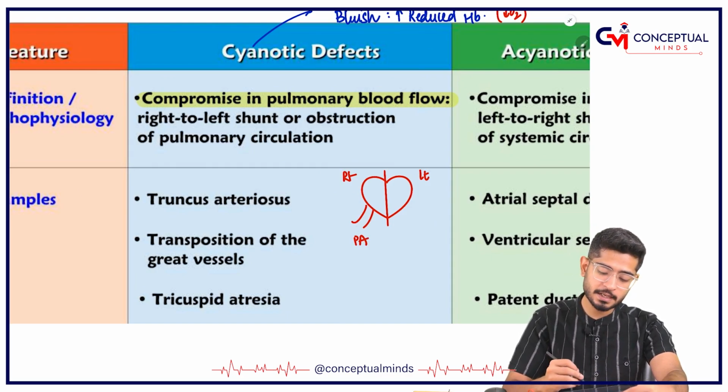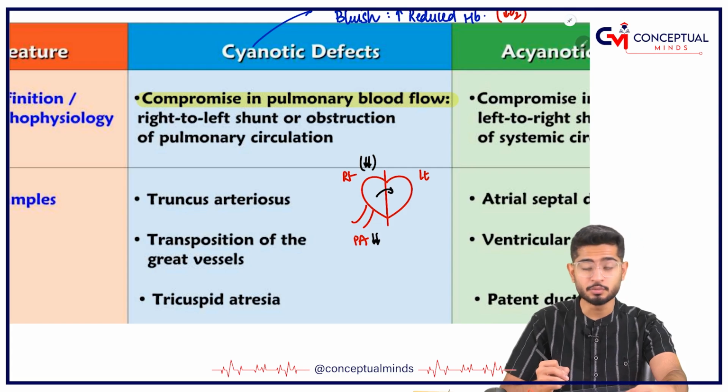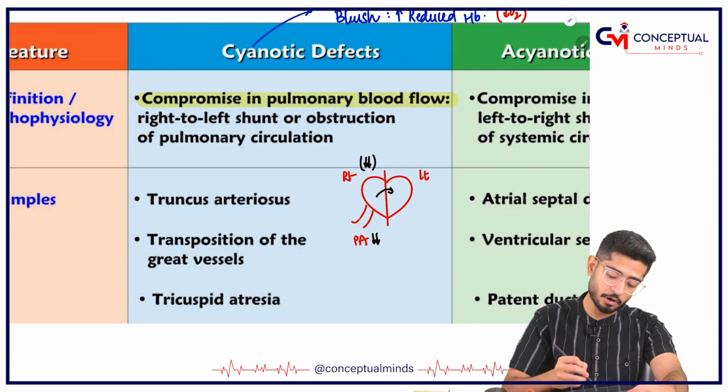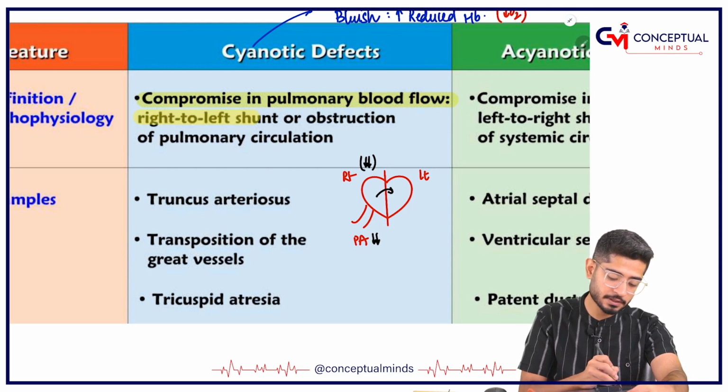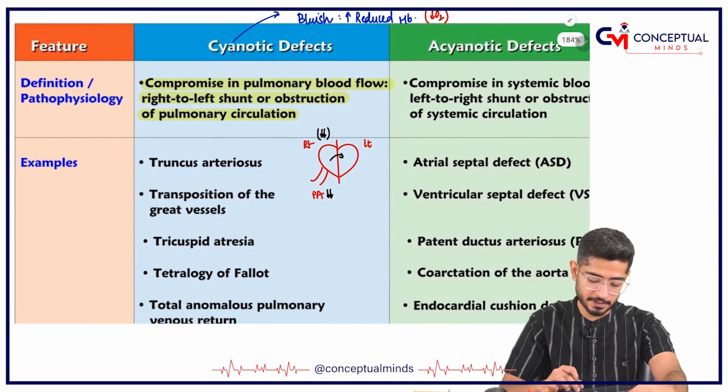If there is any problem that is causing less blood on the right side, of course the pulmonary artery will get less blood. For example, in some conditions we have got a right to left shunt, or there is obstruction in the pulmonary circulation. Everything that happens there leads to cyanosis.